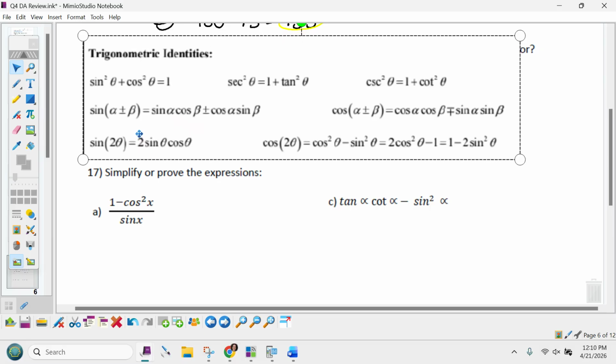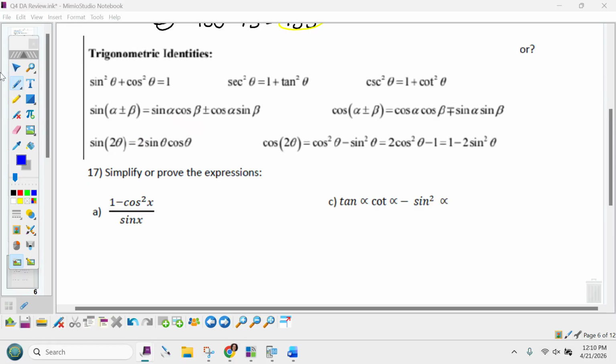And to simplify in A, I want to replace or manipulate one of my identities around so that I can fix the numerator. And I notice here I can replace 1 with sine squared plus cosine squared. So let's do that. So we're going to take the 1 and replace that with sine squared x plus cosine squared x.